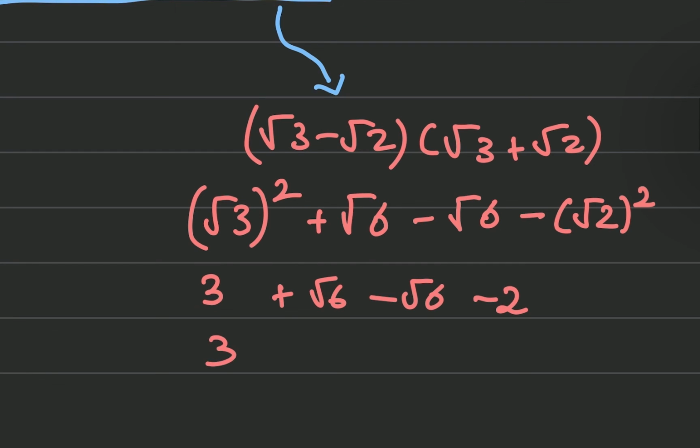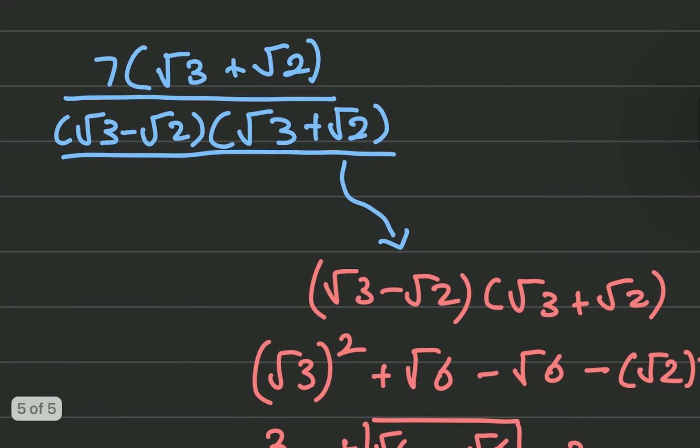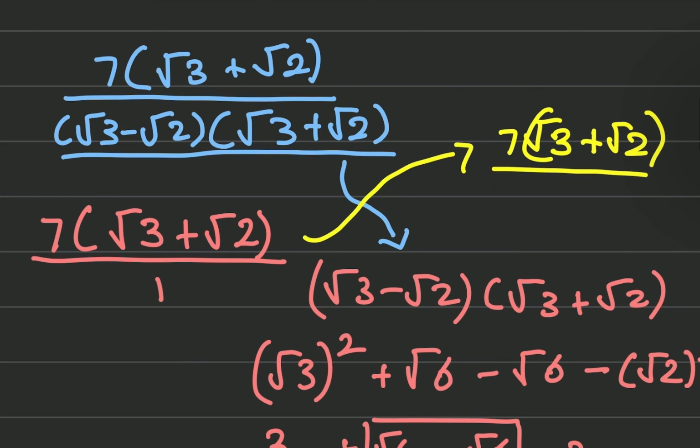So 3 minus 2, that's 1. So coming back to this, 7 multiplied by root 3 plus root 2 upon 1 is simply 7 into root 3 plus root 2. That is our rationalized outcome of a conjugate pair.